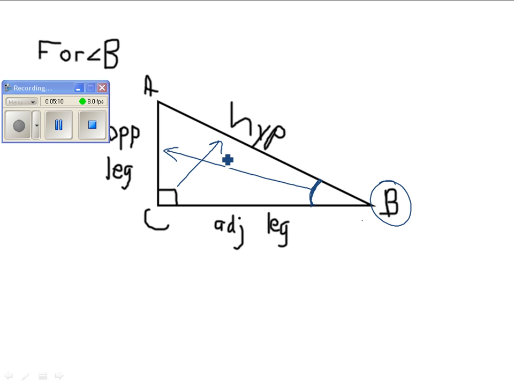Side across from the right angle, it's not going to switch, it's still going to be the hypotenuse. And then the side that's hooked to angle B is now the adjacent leg. So when you switch angles, at first we were dealing with angle A, then we start dealing with angle B. When you switch angles, all that really changes is the opposite and adjacent legs switch locations.